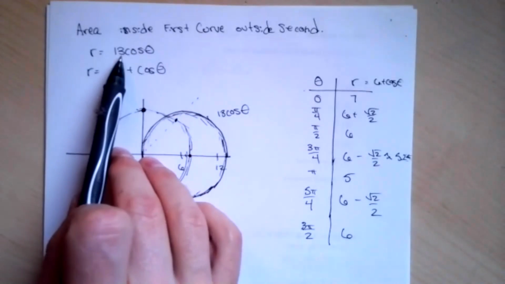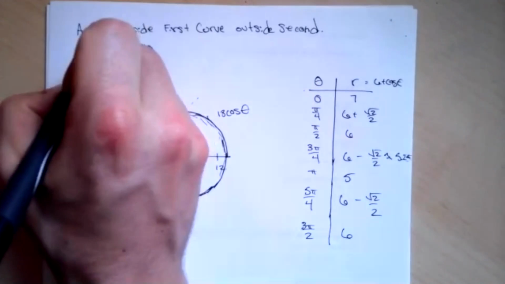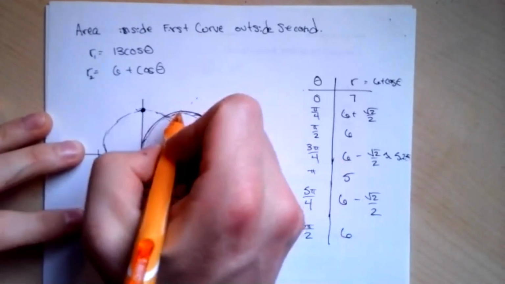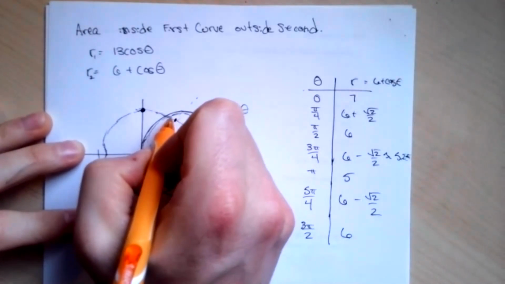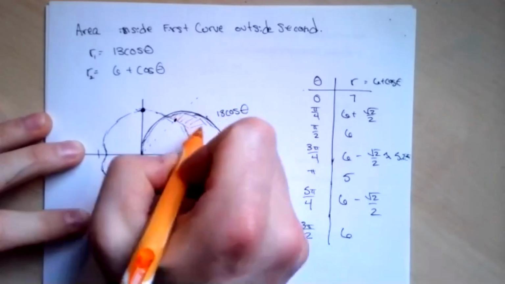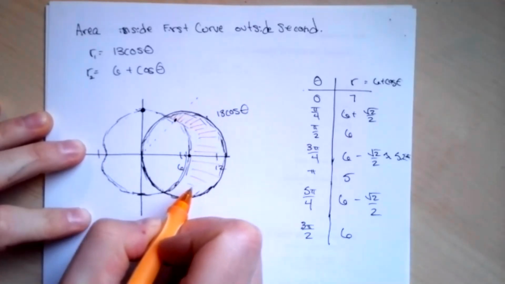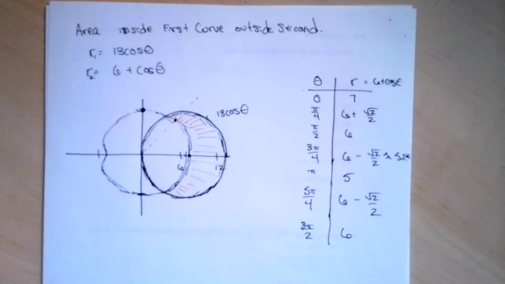And now what do we want? We want inside the first curve, outside the second. So inside the first curve, inside the circle, and outside the second is going to give us this area here.